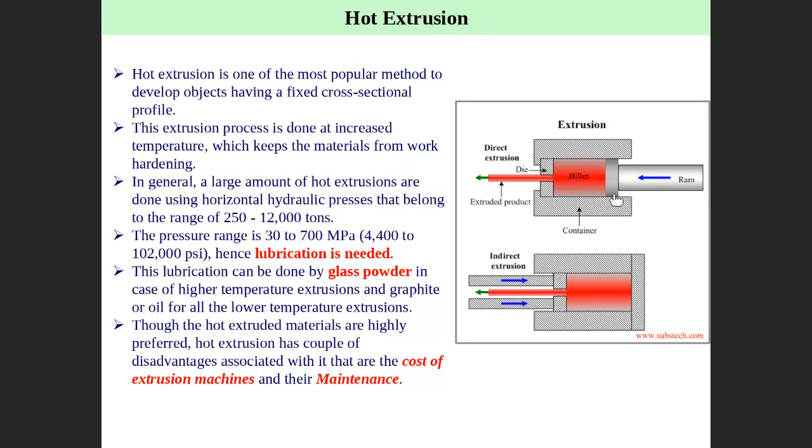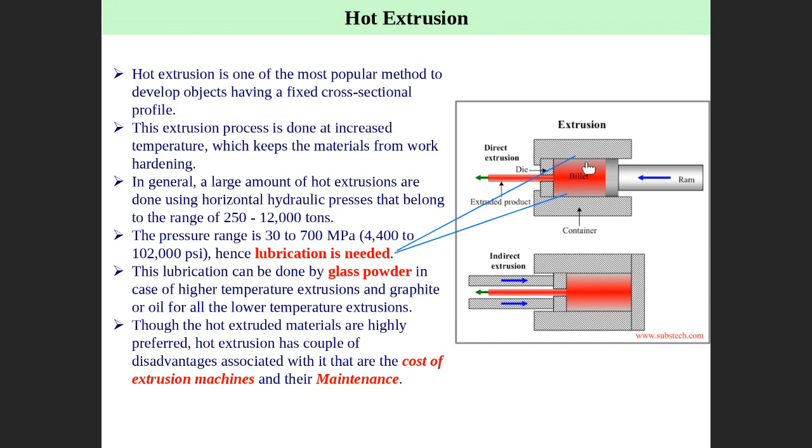However, what is the problem with hot extrusion? It is excellent, but the problem is that when you heat the material, it becomes soft and friction increases. High friction is introduced, as we described earlier. In this case, lubrication is needed, here in the wall, and they use glass powder.